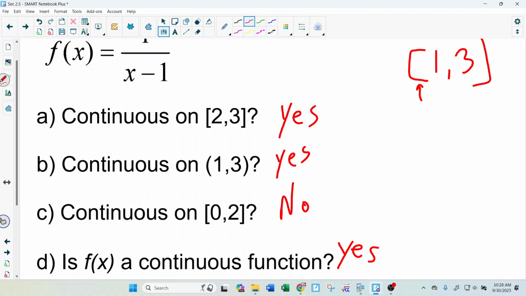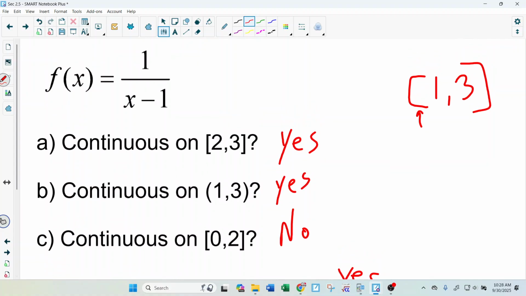A continuous function, not continuous on an interval, but what a continuous function is. A continuous function is continuous at every number of its domain. Read the last couple words again: is continuous at every number of its domain.